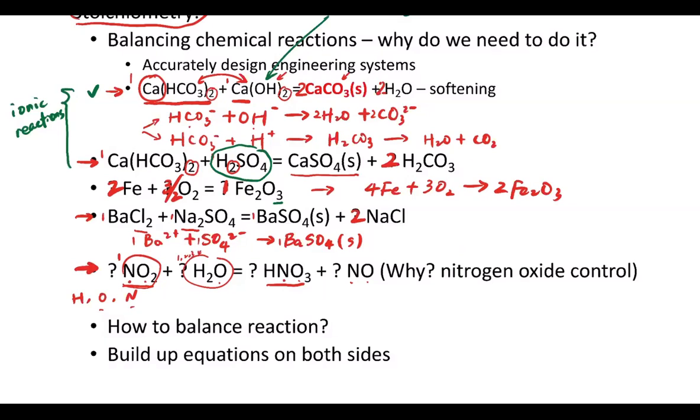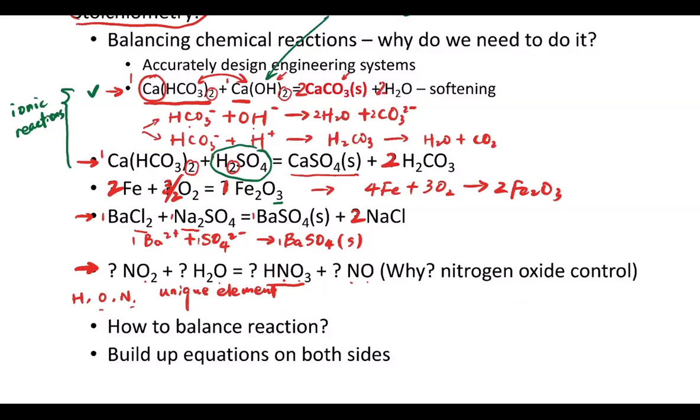So now under this situation, we need to look for the unique elements, okay? The unique element is the element that just shows up once on the left-hand side and right-hand side. So you can see that oxygen and nitrogen show up many times.